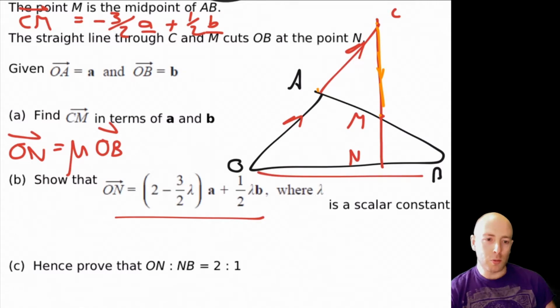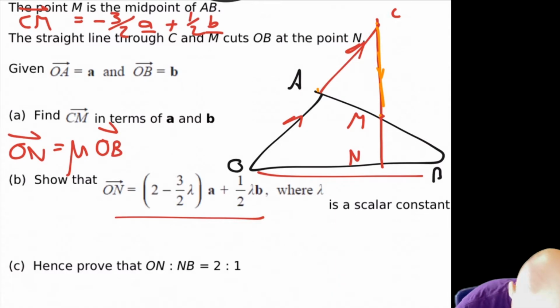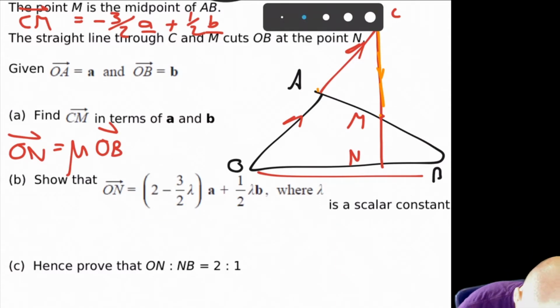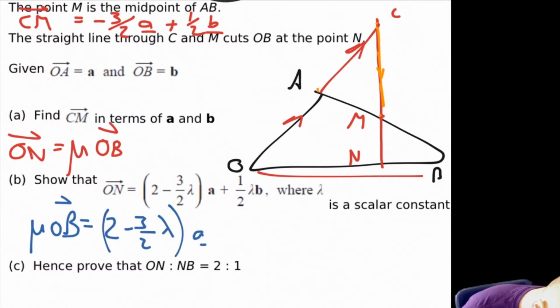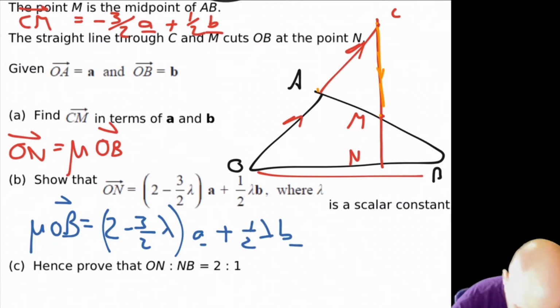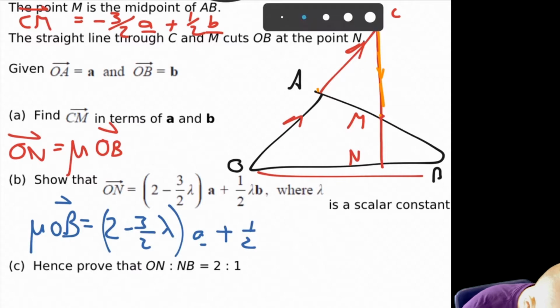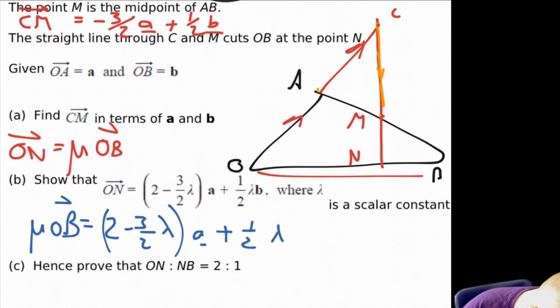If we can find mu, that will give us the fraction that O to N is out of O to B. So mu OB equals (2 minus 3 over 2 lambda) A plus half lambda B. Interestingly, there's no A term in the second equation.